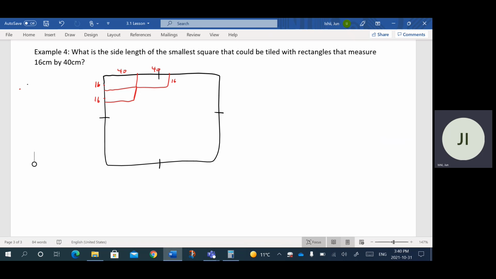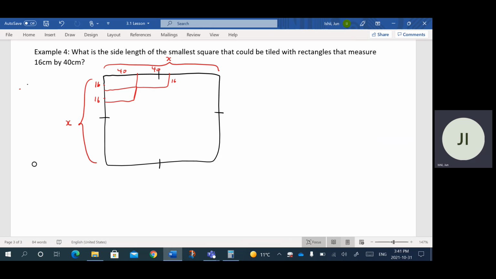What we want to do is create a square though. In order to be a square, this length here, which we'll call x, must equal the same length here, which is also x.